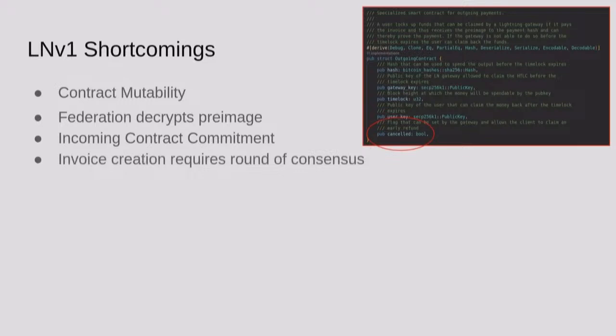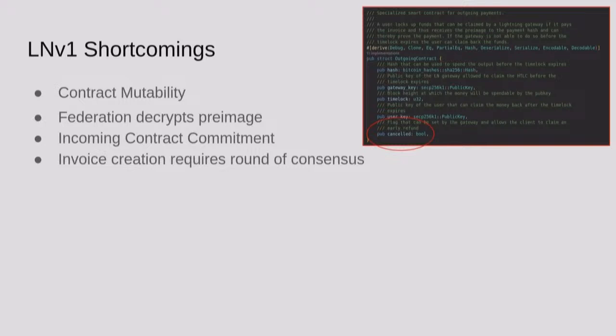Invoice creation also required a round of consensus. What I mean by that is how invoice creation worked in V1: the user client would create a contract, and before the pre-image could be returned or the invoice could be generated to give to the sender, that contract had to be confirmed by the federation.